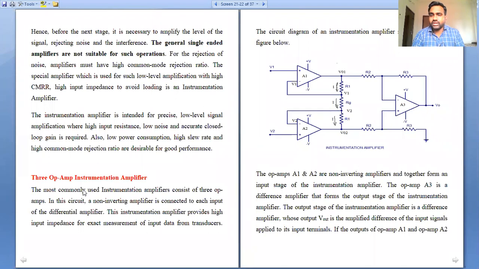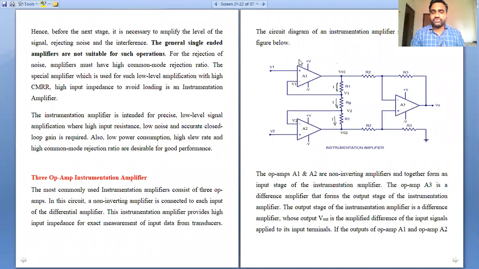This instrumentation amplifier is connected in a cascaded mechanism. That means the input of the instrumentation amplifier is taken from the output of the transducer.